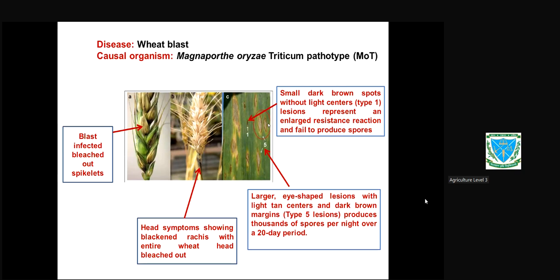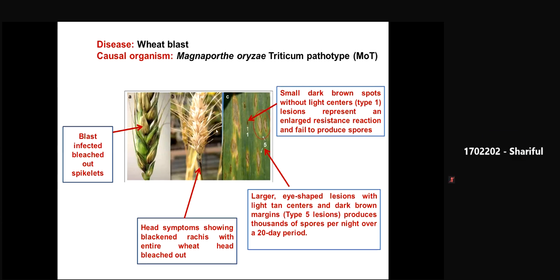But if the wheat varieties are susceptible, then you will see a larger eye-shaped lesion. You see the eye-shaped lesion with dark brown margin and tan or ash colored center. We call it type 5 lesion.